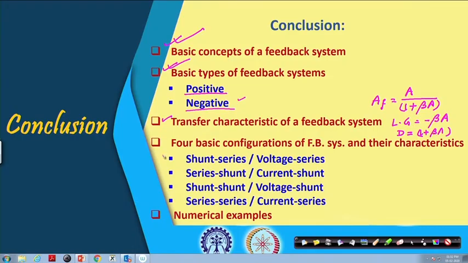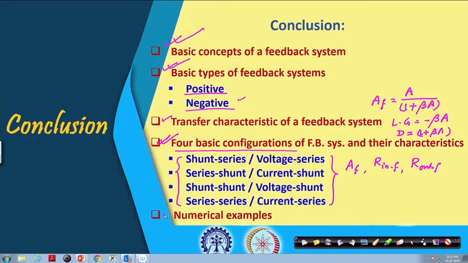Then we have talked about 4 basic configurations, which are common in electronic circuits, and we have discussed their characteristics. So, these are the enlisted 4 basic configurations. We have discussed how the gain is getting changed, and also how the input resistance and output resistance of the system are getting changed by the desensitization factor.